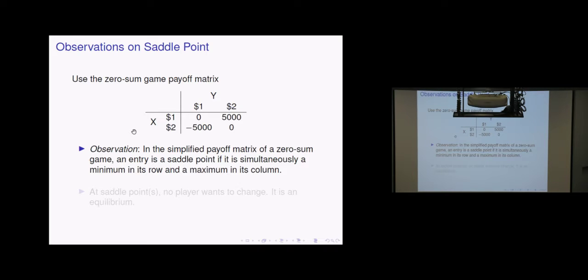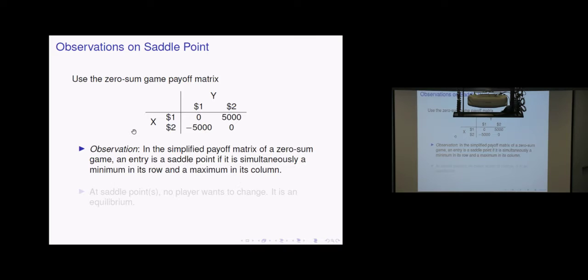Let's look at the second row first. In the second row, the minimum is minus 5,000, but it is not the maximum of this column. So this minimum of the row is not the maximum of the column, so this position is not a saddle point.